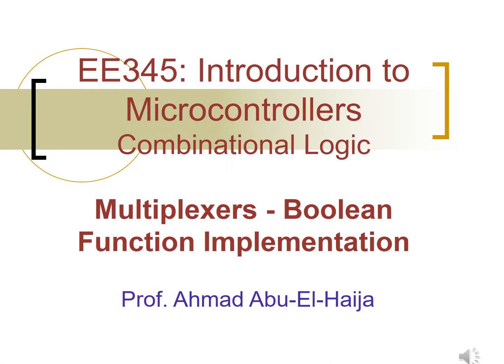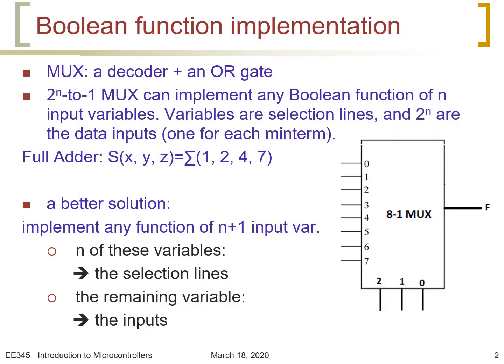We start now with explaining how multiplexers can be used for Boolean function implementation. We know that a multiplexer is really a decoder plus an OR gate from the way the multiplexer was implemented.